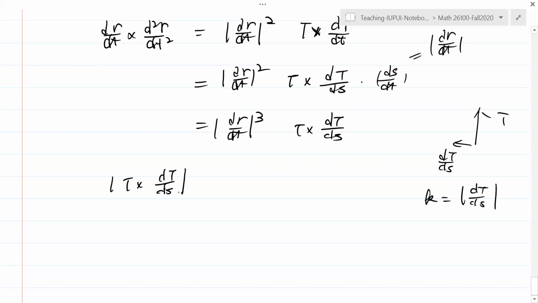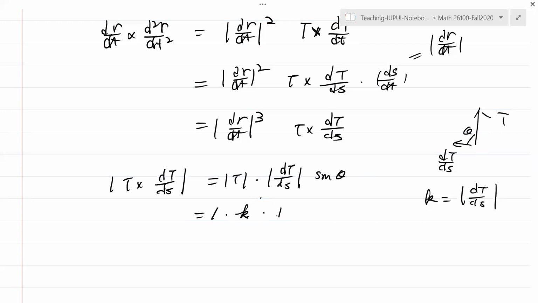This length is going to be the length of T times ds times sine theta. Theta is already 90 degrees, and the length of T is 1, so the length of this product is just the curvature k.